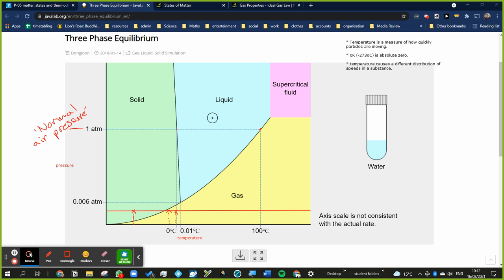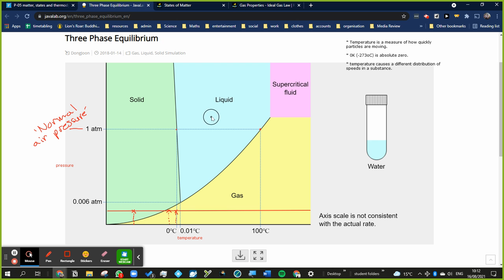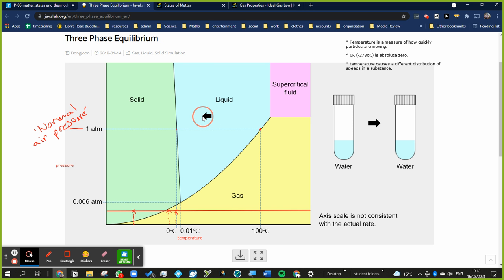In fact, with this simulation, you can move this thing around. Oh, this is quite cool. I didn't know it did that actually. So I can go from here to here, and it's showing me that going in that direction, we're keeping the same pressure but reducing the temperature. It goes from water to ice.